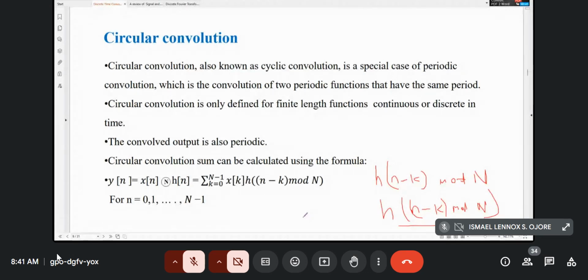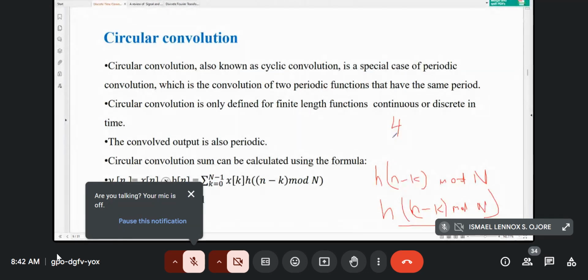So we have that. I hope we all understand modular arithmetic, yeah. Let me give you an example. If you are doing mod 4, it means you cannot have anything greater than 4.